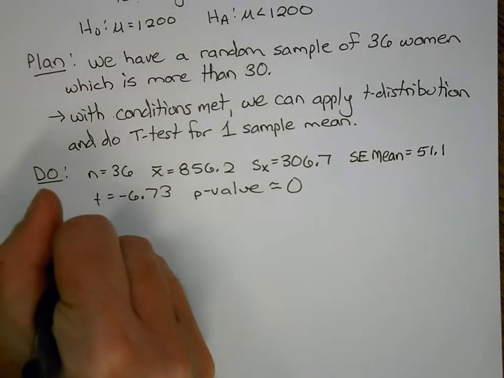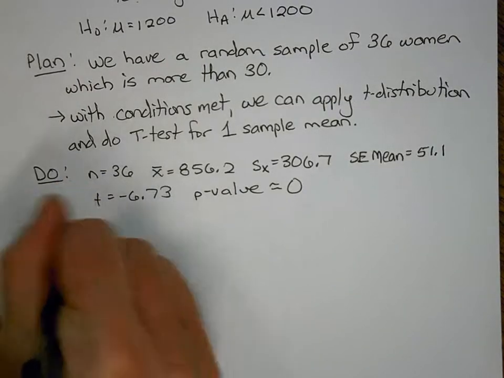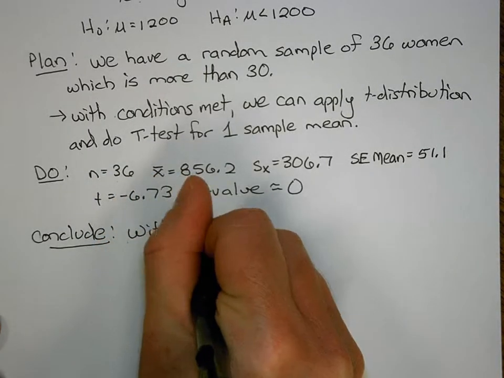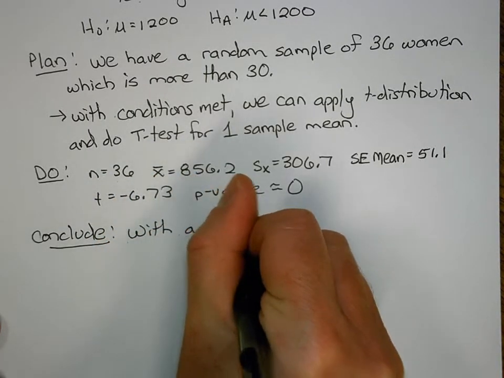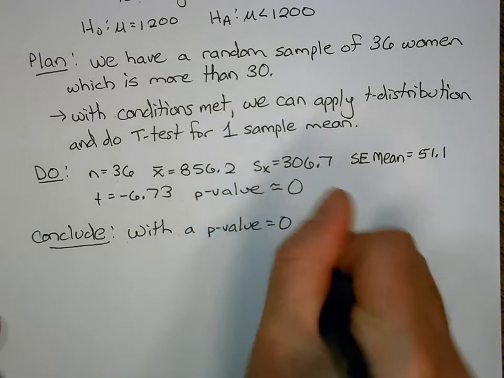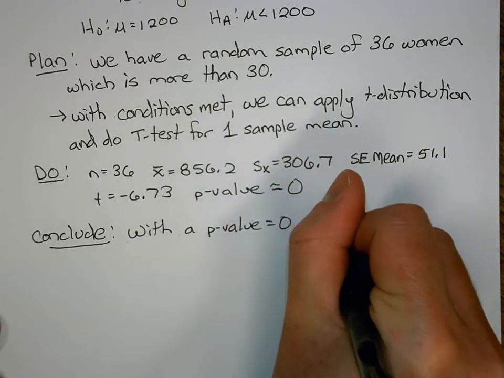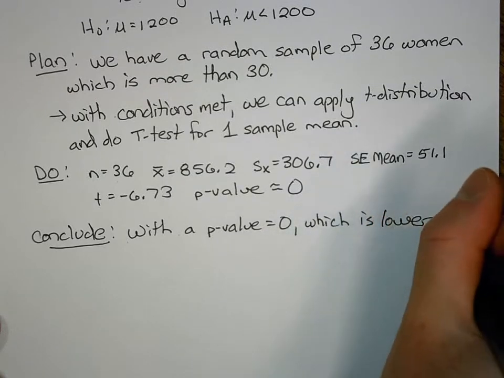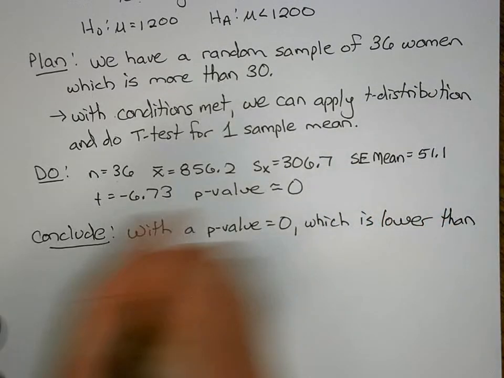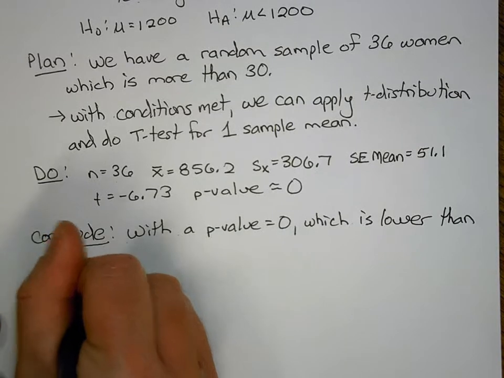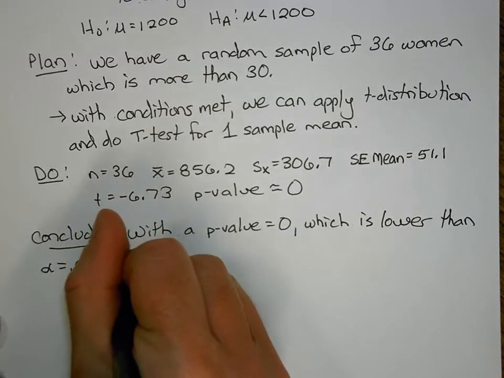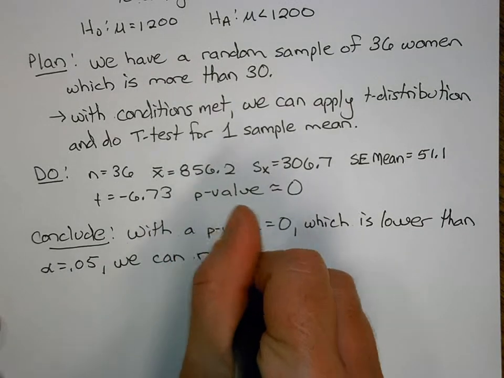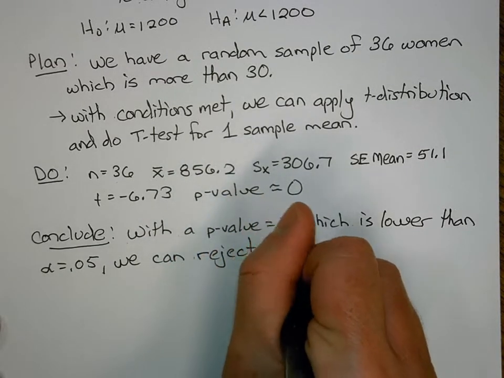Now for the conclude, with a p-value equal to 0, which is lower than alpha equal to 0.05, we can reject the H0.